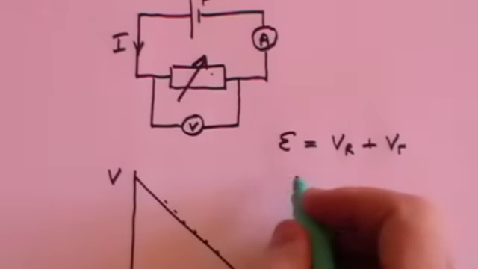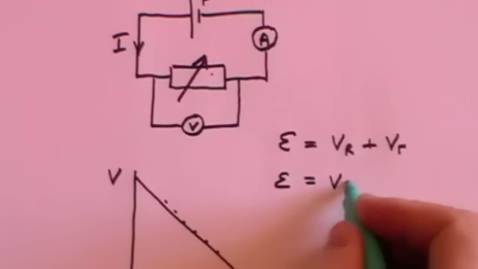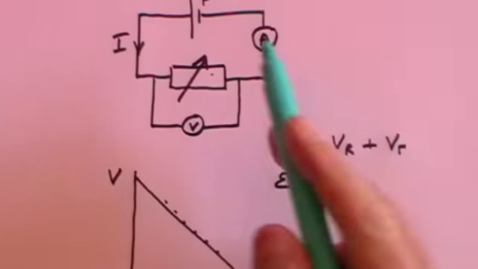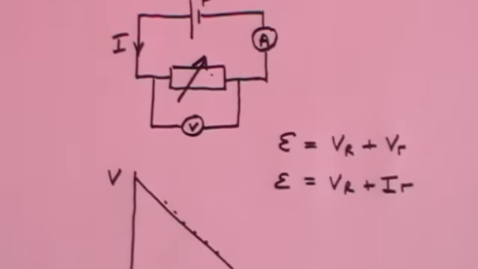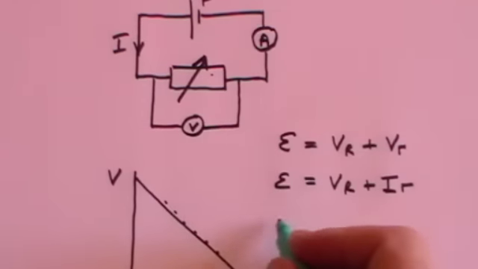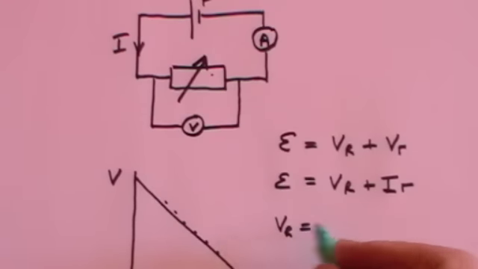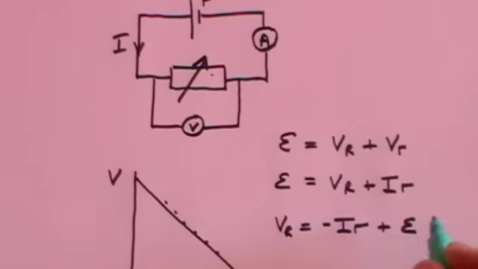And that is equal to, E is equal to VR plus, VR here is just the current times the internal resistance r. And I just want to rearrange that to say that VR is equal to minus Ir plus E, meaning the EMF, it has a sort of epsilon look about it.